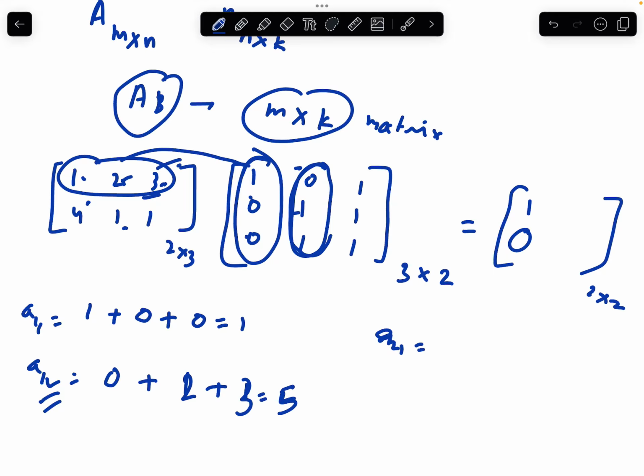A21 is second row, first column, multiply, you get 4. And what is A22? Second row, second column. So, 4 0 0 plus 1 plus 1, you get 2. So, this is the result.